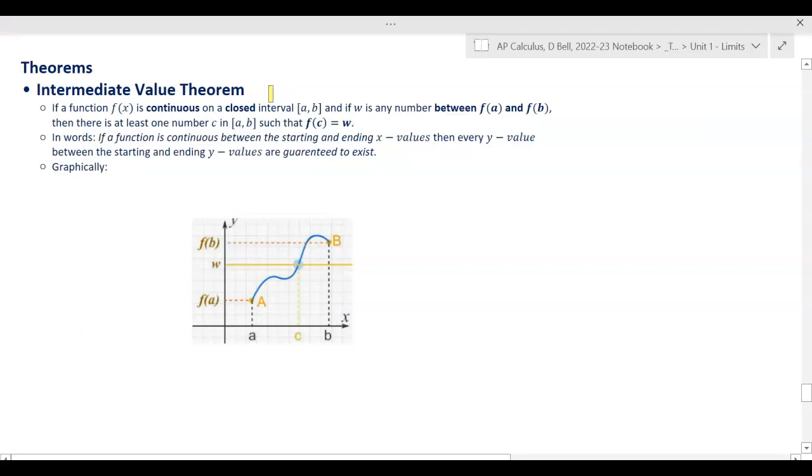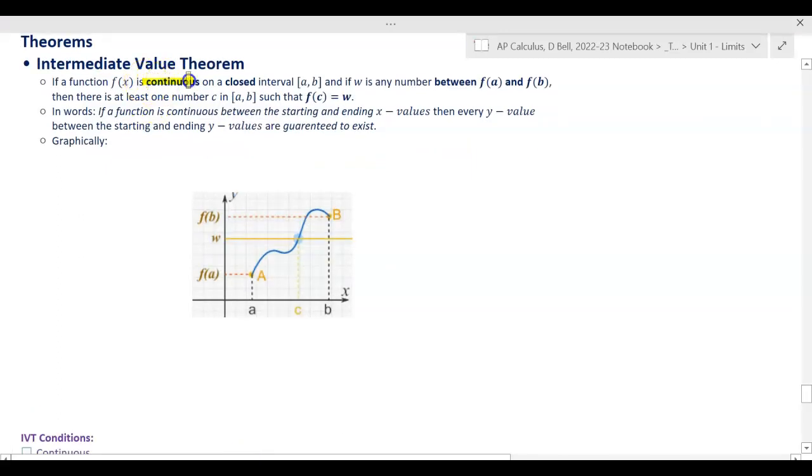So if a function is continuous, it must be continuous on a closed interval. Closed interval just means that the values at f of a and f of b exist. They're not holes, they're not asymptotes.